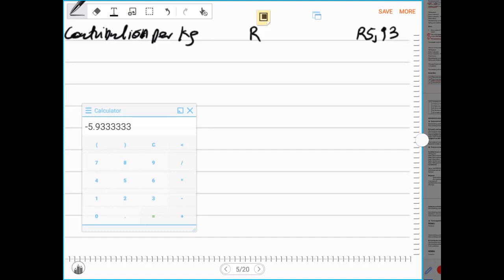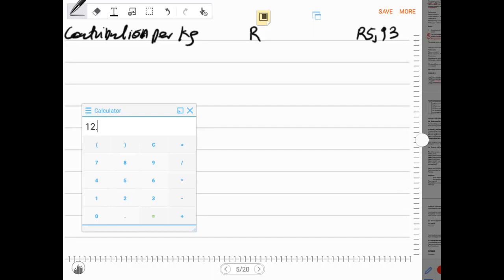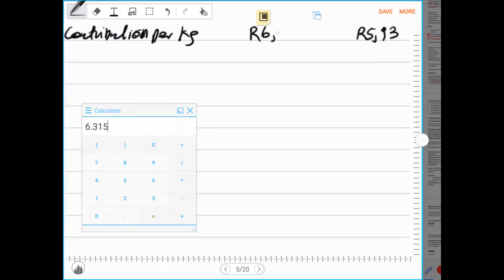And for the first one, which was 12 rand 63 cents, divide this by 2, it gives us 6 rand 32 cents. So now we have divided by the limiting factor per unit.